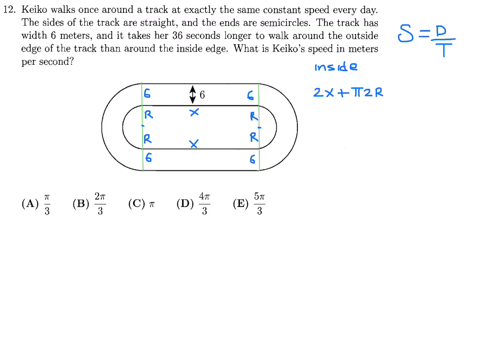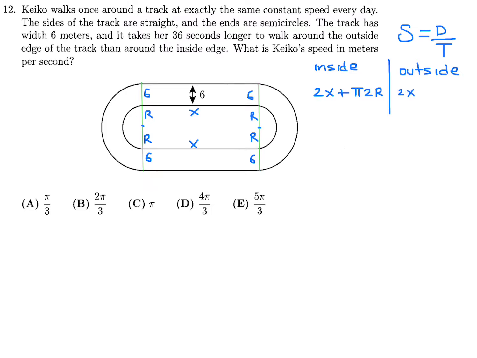All right? In a very similar way, on the outside, that path, which of course is going to be like this all the way around, the straightaways are here and here, so that's 2x.